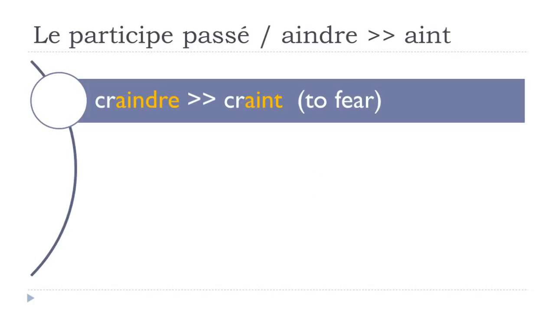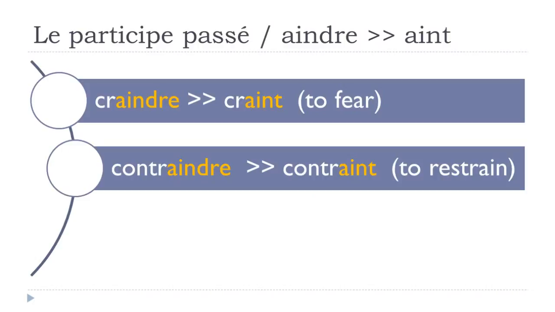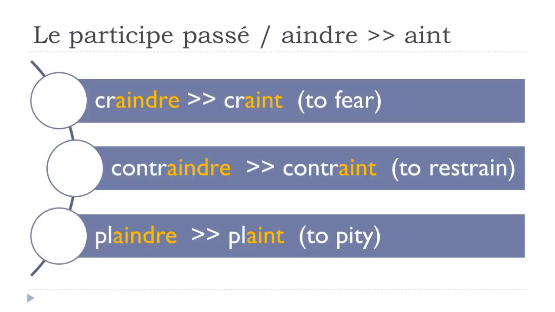Craindre, craint. Contraindre, contraint. Plaindre, plaint. As usual, final T here is not pronounced, so you get craint, contraint, plaint.